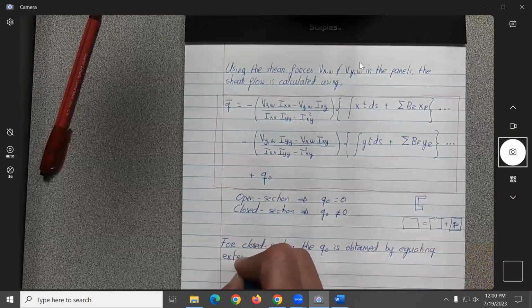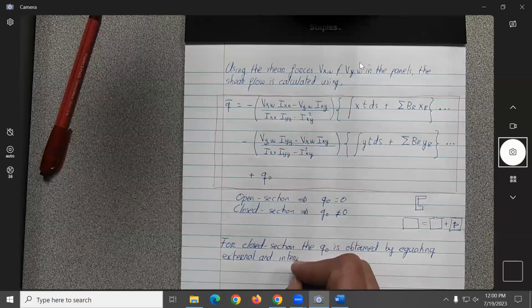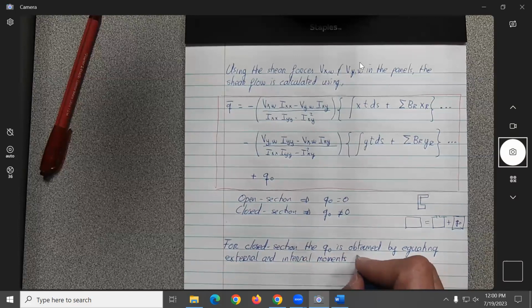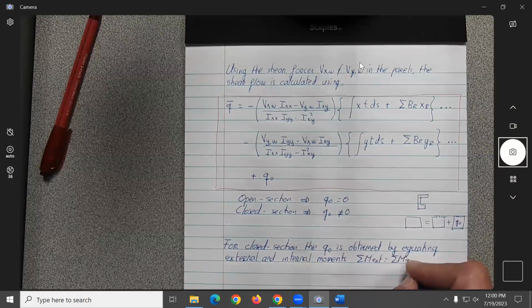By equating external and internal moment, no? Then if it was statically indeterminate, we needed to add one additional equation, but this will be the normal procedure, no?